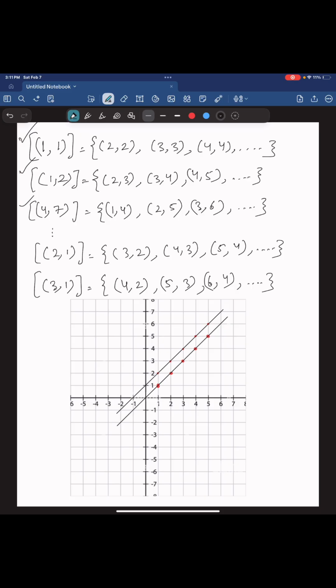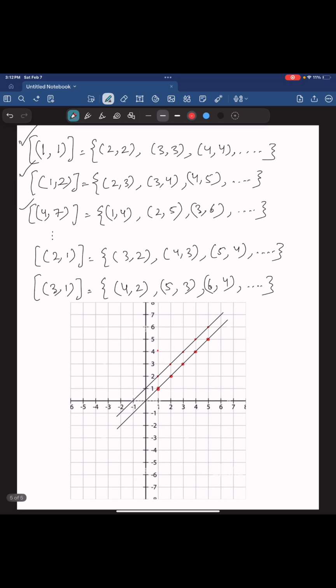So the third one will look like 1 comma 4. So it is somewhere here, and then 2 comma 5 somewhere here, 3 comma 6, this, and so on, right? And we can join this one as well.